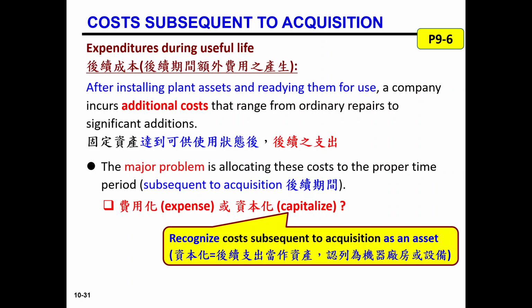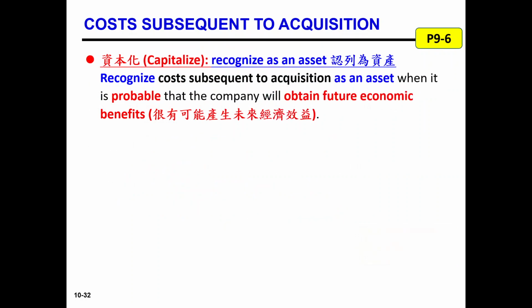Okay, no problem. So the key point is whether you have future economic benefit. Did you find out? We repeat this sentence for almost 1 year, right? So future economic benefit.